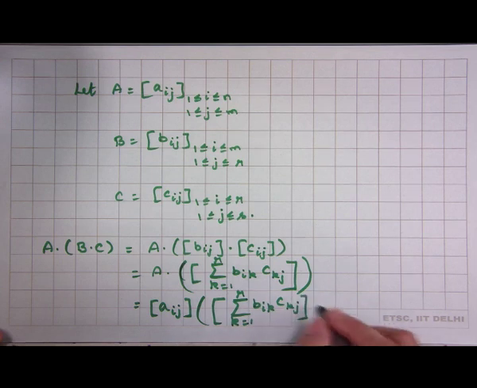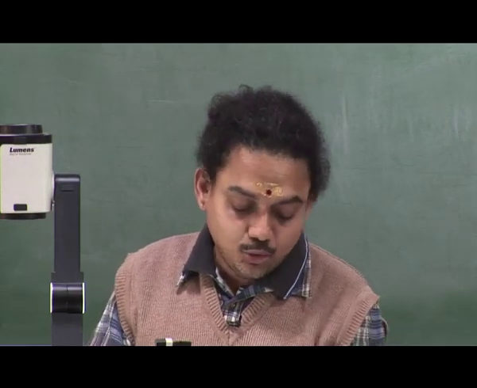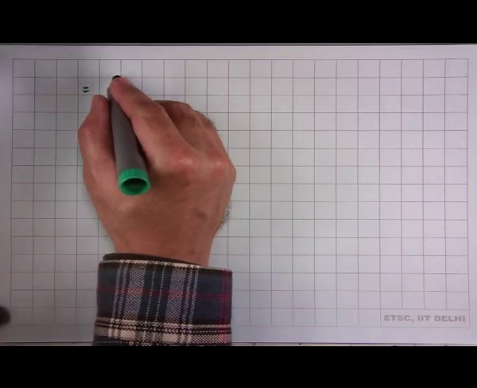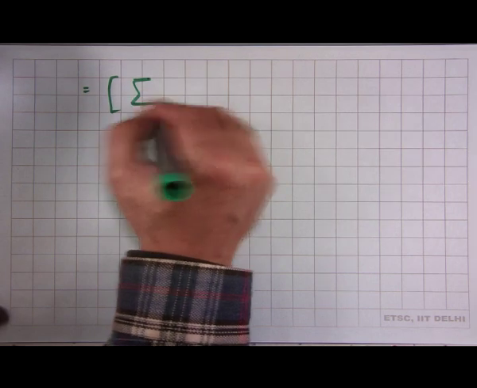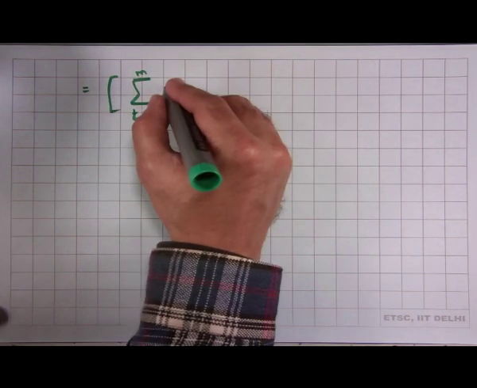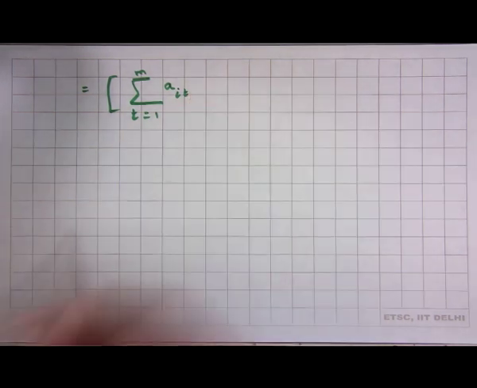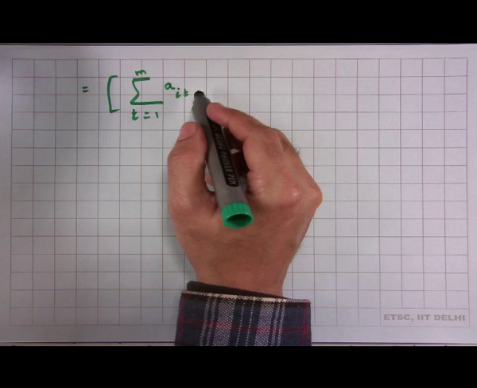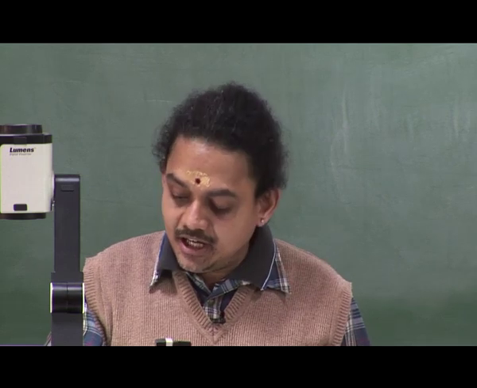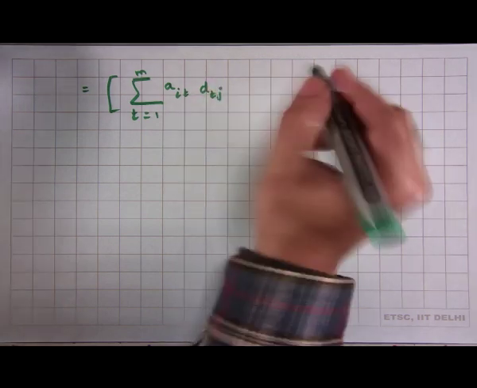Now, let us expand it out, let us again multiply these two. The entry is going to be summation t running from 1 to m, Ait, and the remaining part is, if I call the product of B and C as the matrix D with entries Dij, what I needed is Dtj.